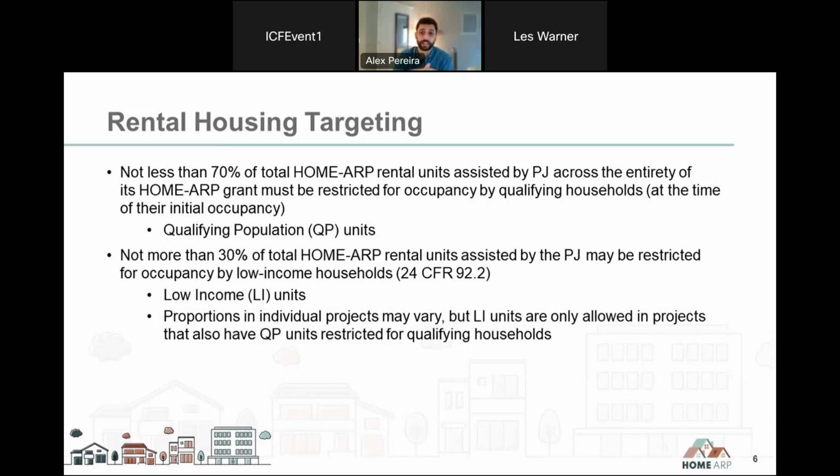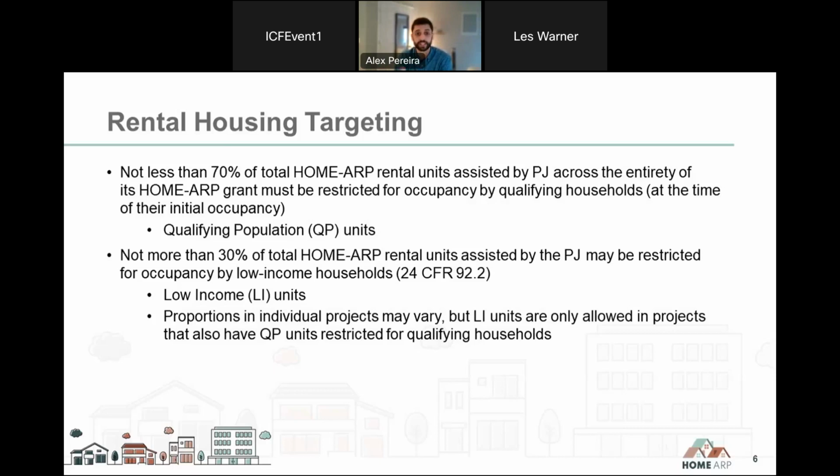So when you're looking at a PJ's entire portfolio of HOME-ARP rental units, not less than 70% of those units must be occupied by populations that meet the definition of a QP, so qualifying households. And we'll refer to those units that are occupied by qualifying households as QP units. So again, under a PJ's entire portfolio of HOME-ARP rental units, not less than 70% of those units must be restricted for QP populations, QP households.